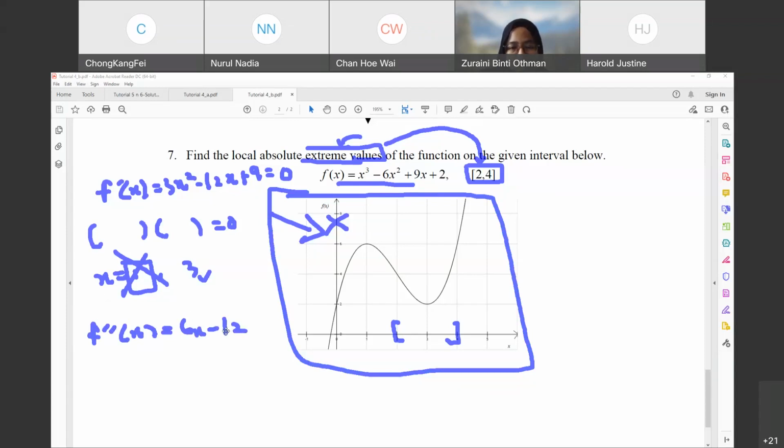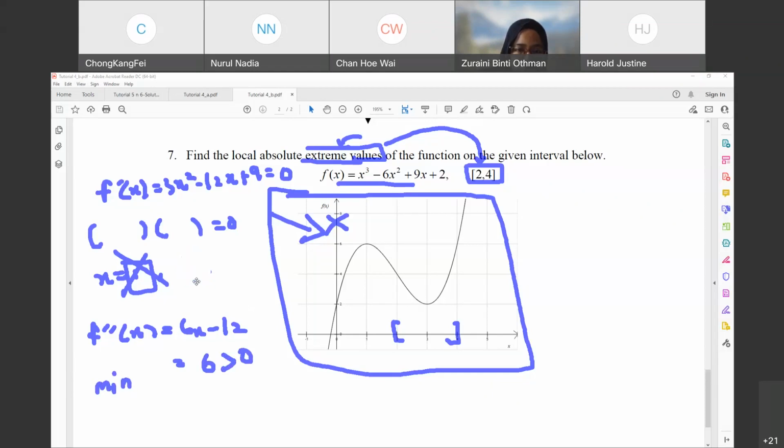Okay, 6x tolak 12 masukkan 3 dalam sini. Dapat positif, right? Dapat berapa? 6 kali 3, 18 tolak 12. 6, iaitu lebih besar daripada kosong. Jadi kita tahu ini ialah titik minimum.